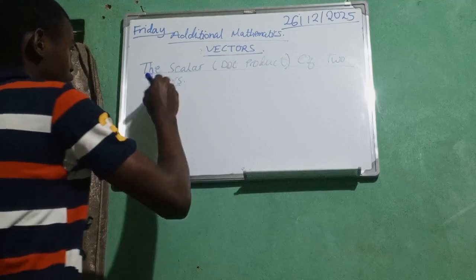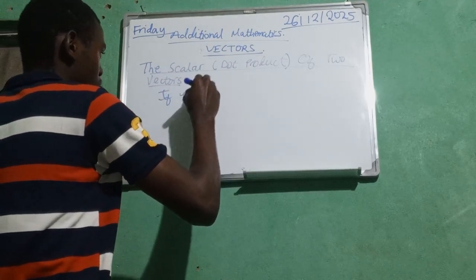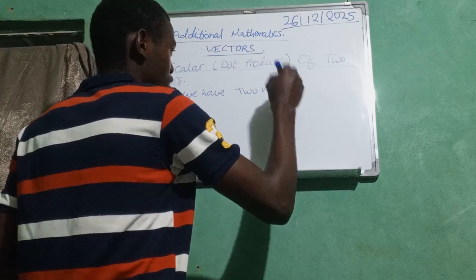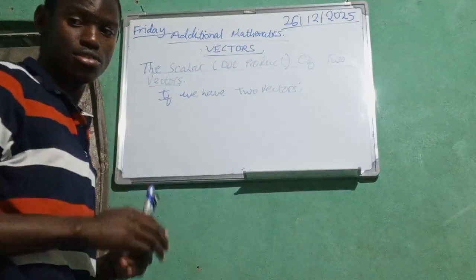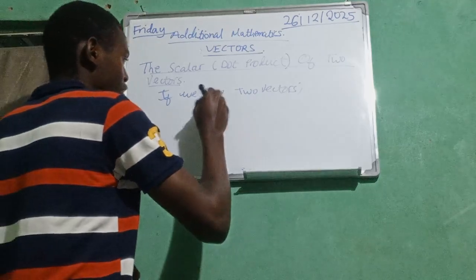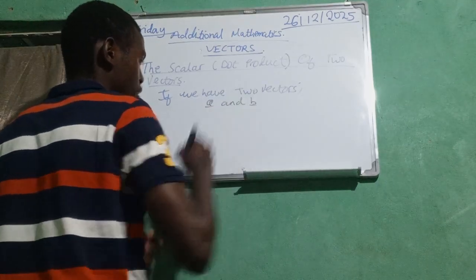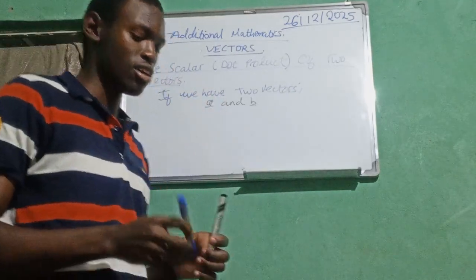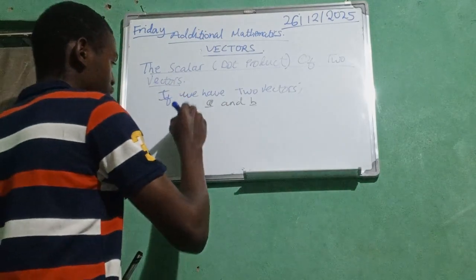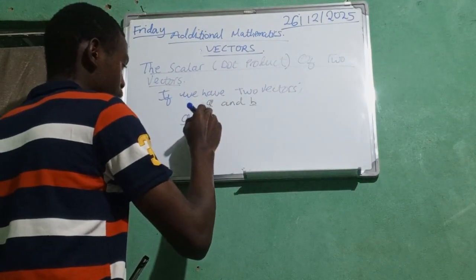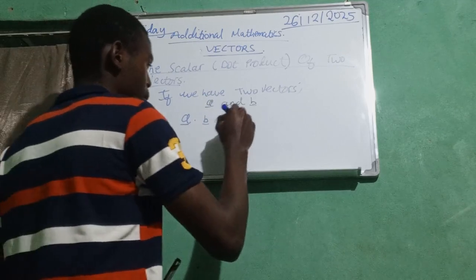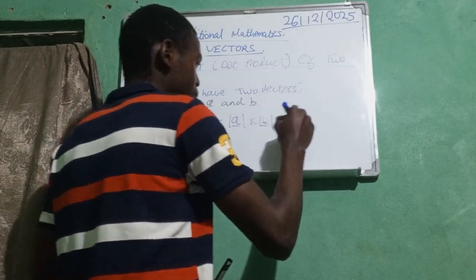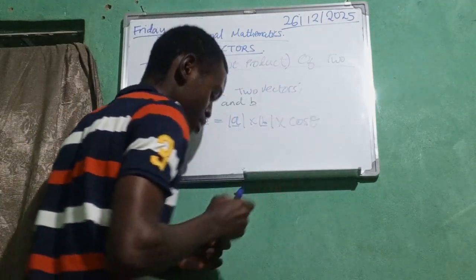If we have two vectors, vector A and vector B, and we are told to find the scalar or the dot product, it is given by vector A dot B is equal to the magnitude of vector A multiplied by the magnitude of vector B multiplied by cosine theta.